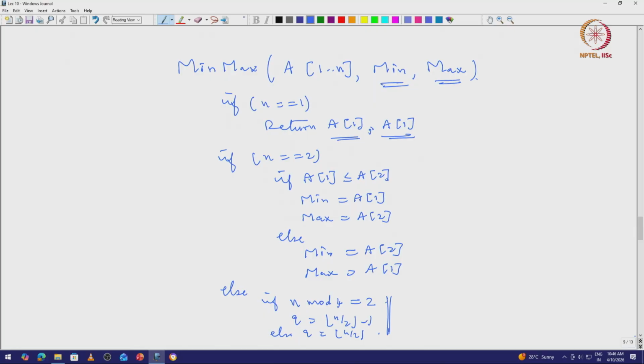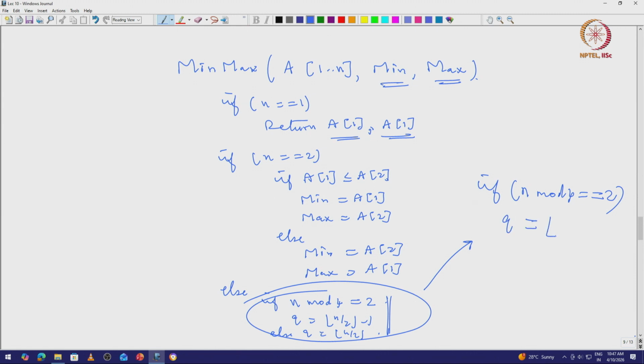So, this being a crucial step, let me write clearly here. If n mod 4 equal to 2, q is floor n by 2 minus 1, else q equal to floor n by 2.